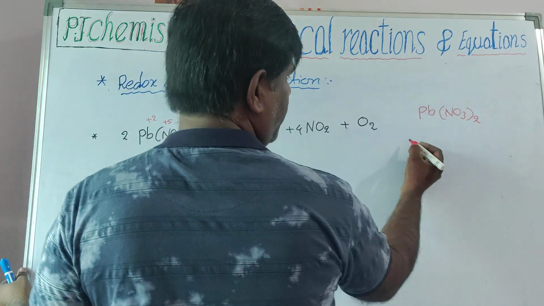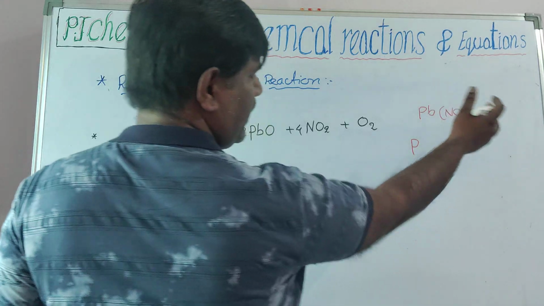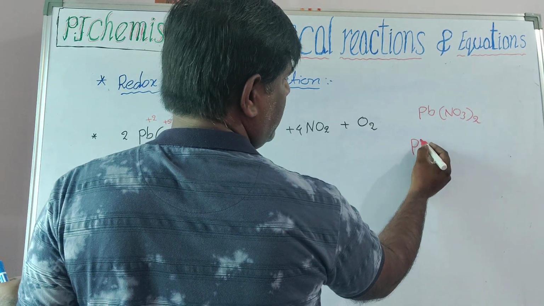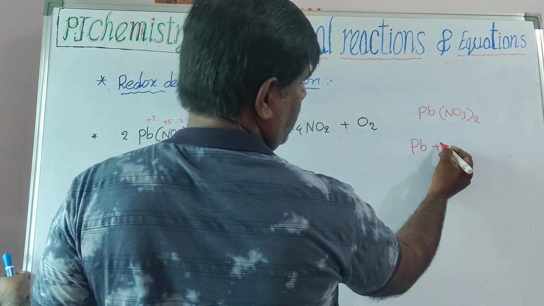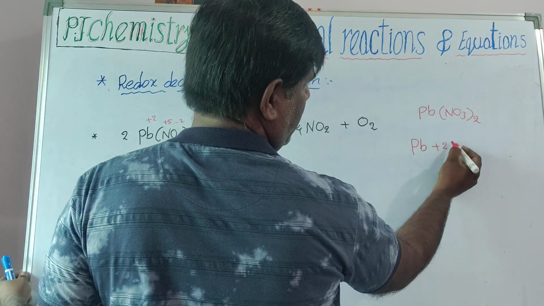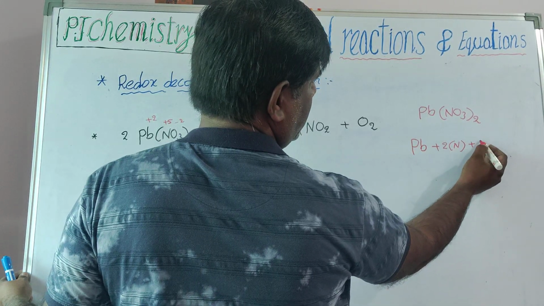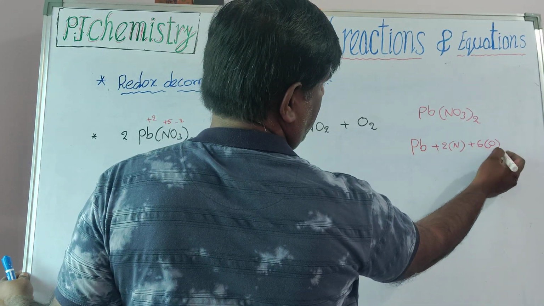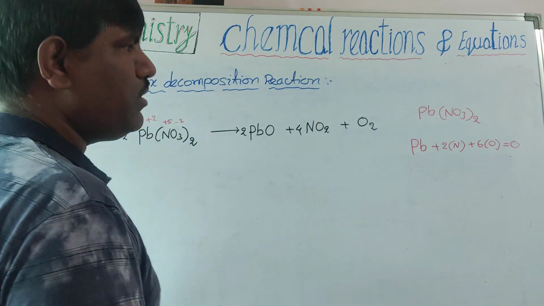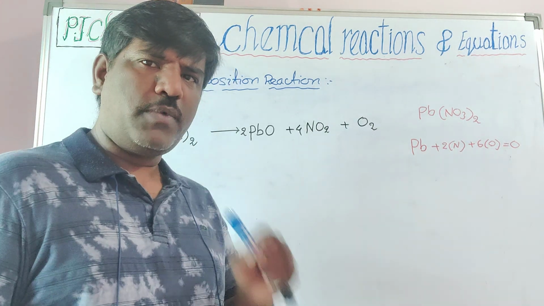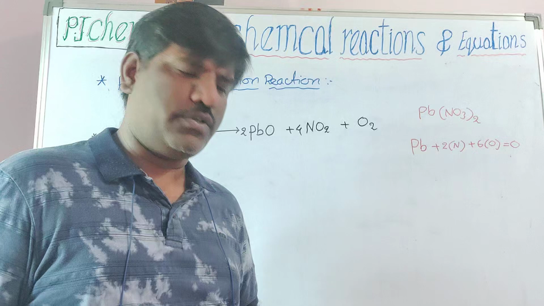So see here how to find the oxidation number, because I am going to explain this example. First, take the given elements as a sum: lead, 2 nitrogens, plus 6 oxygens. This all equals 0. According to the first rule of oxidation number, the sum of oxidation numbers of every element is equal to 0.